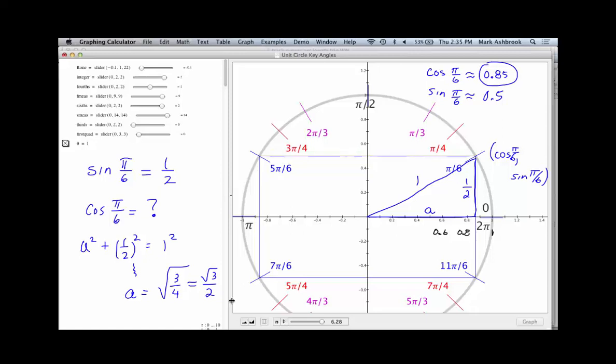Put that in your calculator and you get 0.866, which agrees with our initial estimate of 0.85.